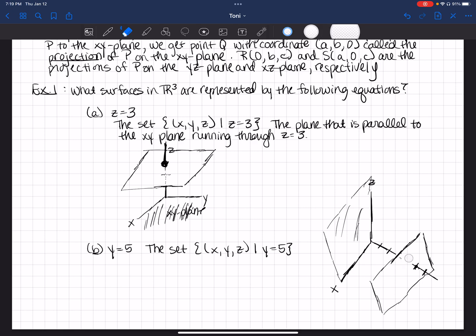You can probably see it better if it's lighter. See how it cuts it? I'm saying it cuts right there. And then they both stand up like that. Okay? So it is the set XYZ such that y equals 5.